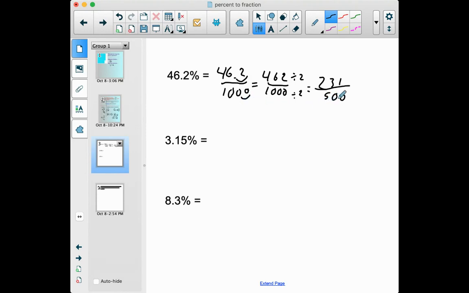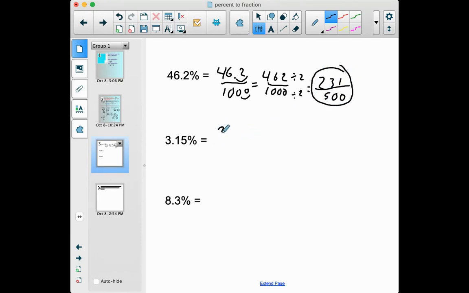So when you're reducing, if you can't divide your numerator by 2 or 5, that means you're not going to be able to reduce anymore. If the bottom number is some power of 10, you can only divide out 2s and 5s. So that might help you with some of those bigger numbers to know when you can stop reducing.